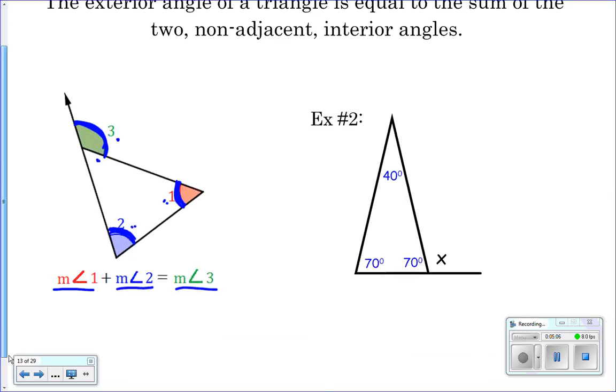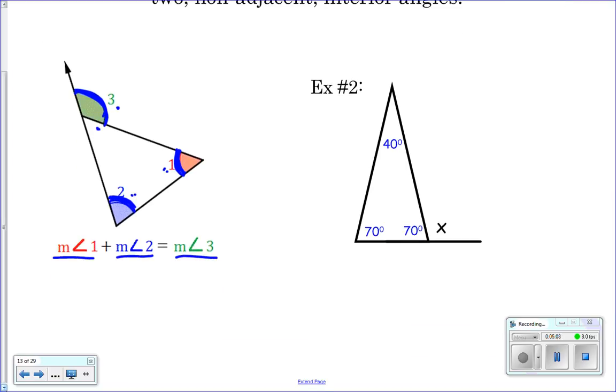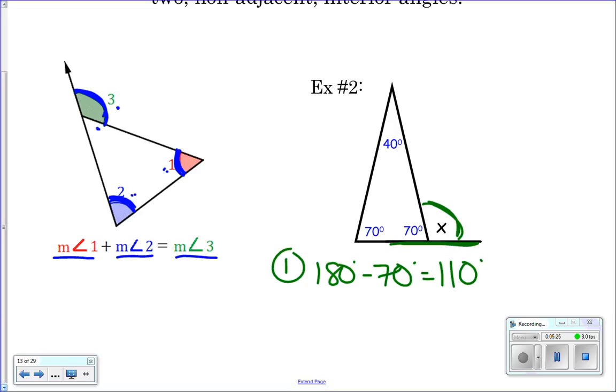If we look at an example here, example number 2, it's asking us to solve for x. Now we could do this a couple different ways. Number 1, we could say, okay, well, wait a minute, that lies on a straight line. So I know that 180 minus 70 is equal to 110, and that must be equal to x.